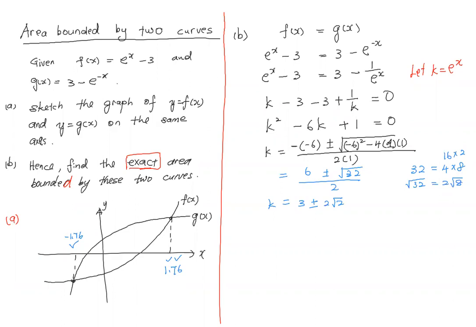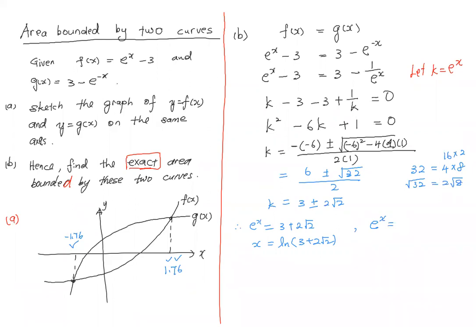So therefore, my e to the power x is equal to 3 plus 2 root 2, whereby x equals ln of 3 plus 2 root 2. And the other one, I tell you, you better learn this properly.